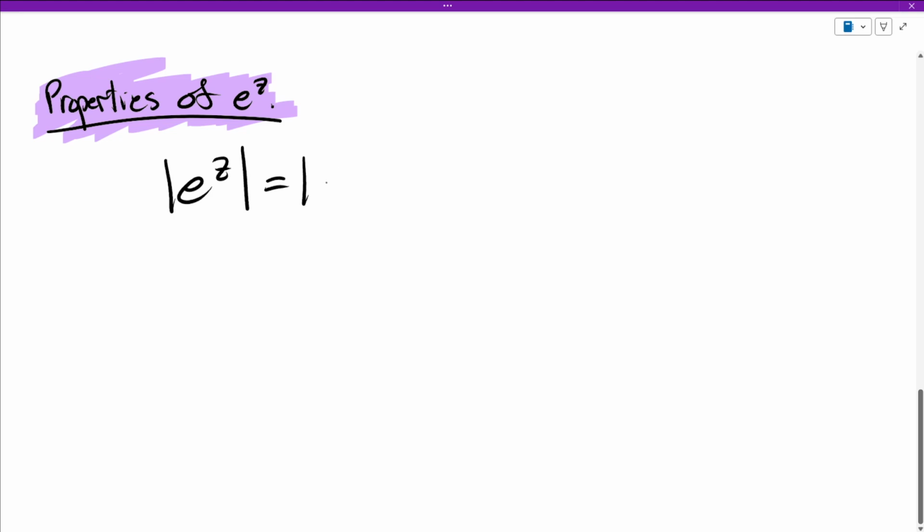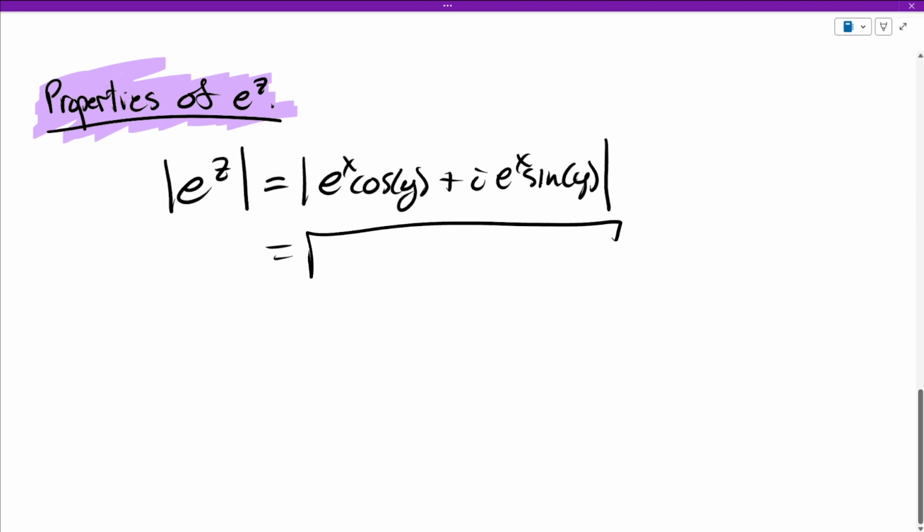Well, we would write out its real part and its imaginary part, plus i e to the x sine y, and we would compute the modulus. So the modulus is the square root of the real part squared plus the imaginary part squared.